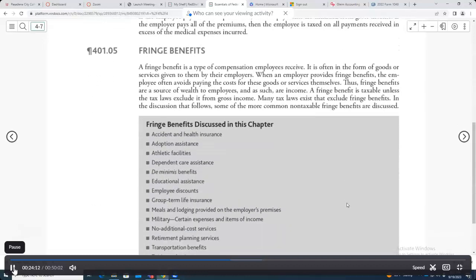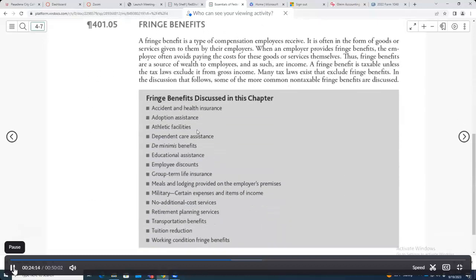Fringe benefits are normally non-taxable because they come from a package from your company, including health insurance, adoption assistance, athletic facilities. This is a package that is a fringe benefit.